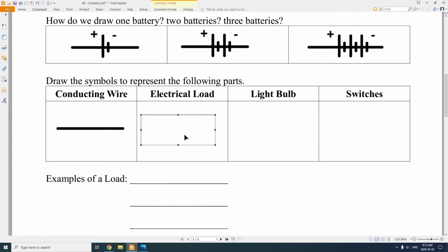In your circuit, you'll also have some sort of electrical load. So that could be a load, just means something that's using the electricity. So it could be a heating element, right? If you had a stove, for example. It could be a motor, if you had a fan, right? If you were spinning something.